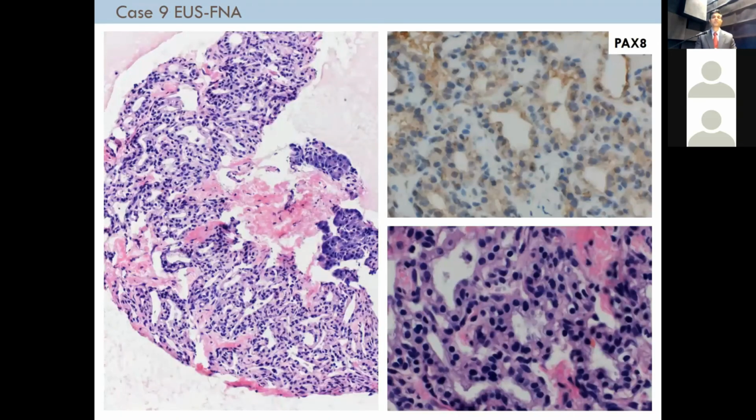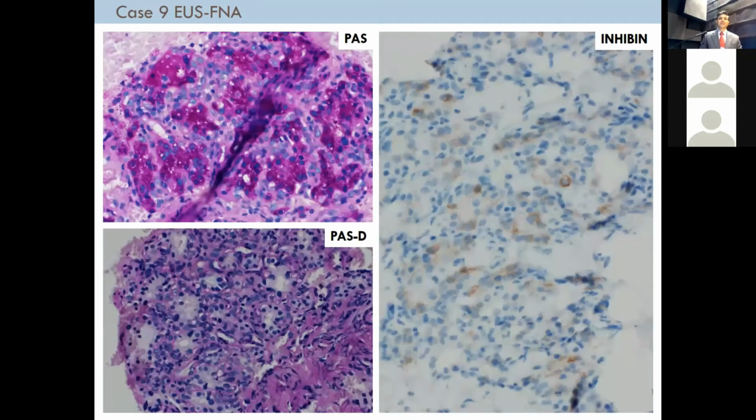On cell block, what we saw appeared to be back-to-back glandular structures lined by cuboidal, bland-appearing epithelium with clear cytoplasm. Since this patient has a history of renal cell carcinoma, and we thought that it was going to be a renal cell carcinoma, we did PAX8, which was totally negative, to our surprise.